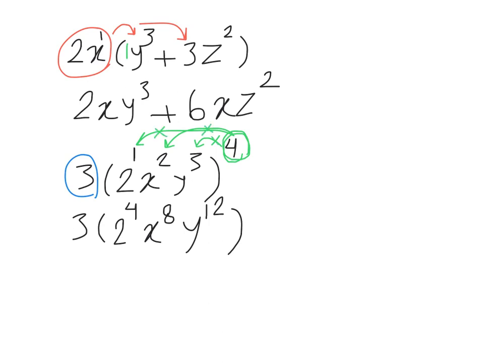Okay, after that, if there are some numbers inside the brackets that you can simplify, please simplify it before you multiply everything inside the brackets by 3. So I can say 2 power 4 means 2 times 2 times 2 times 2, which means 16.